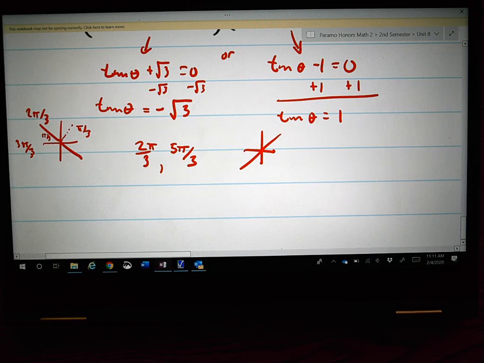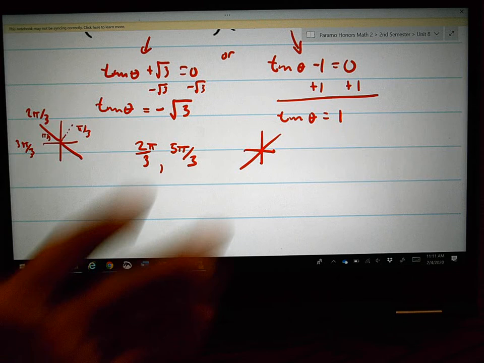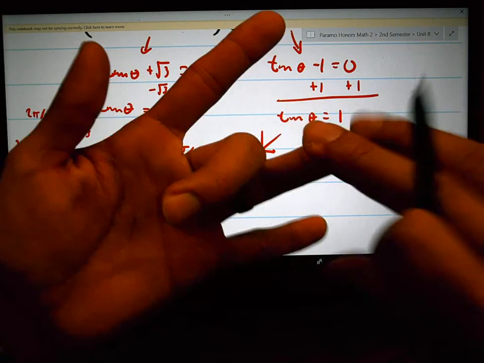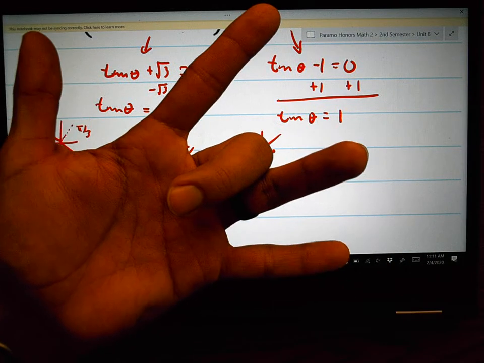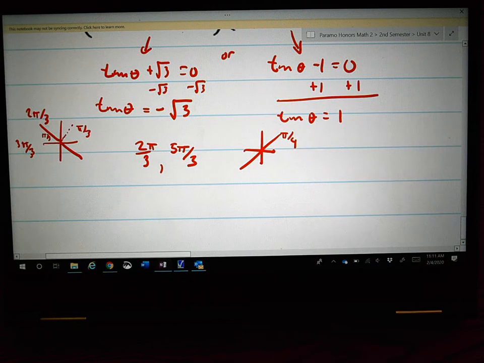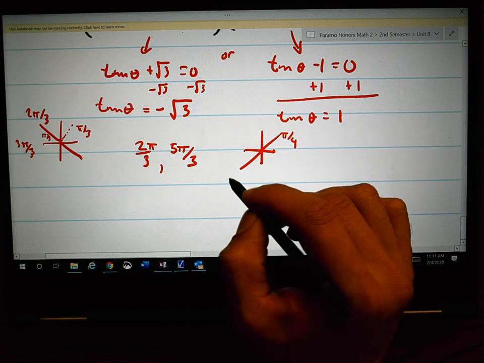Now we've got to go over here to find two other angles that have a tangent ratio, sine divided by cosine, equal to 1. Pi over 4. That's your quadrant 1 possibility. Add that to whatever pi is. I'm hoping you know it's 5 pi over 4.